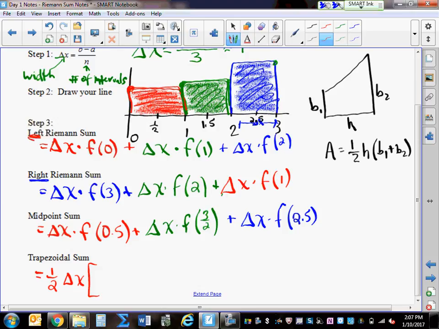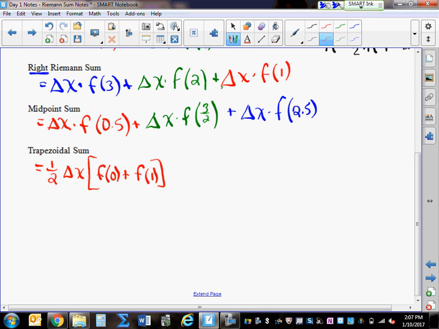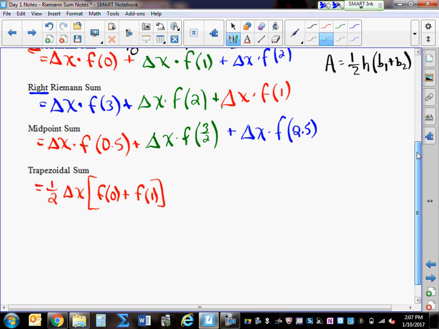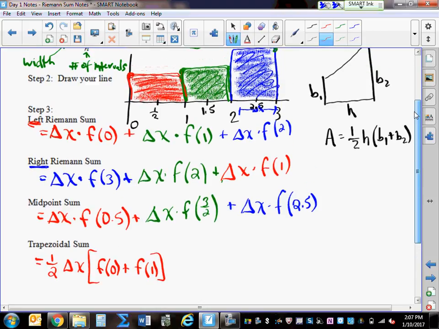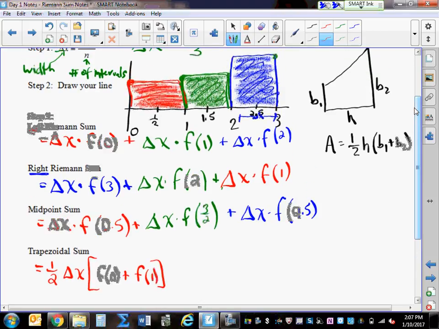Base 1 is the left height, base 2 is the right height. So f of 0 is the left height, plus f of 1 is the right height. Okay, so that was the area for the trapezoid of just this interval.